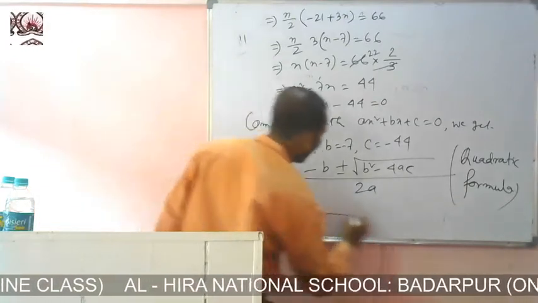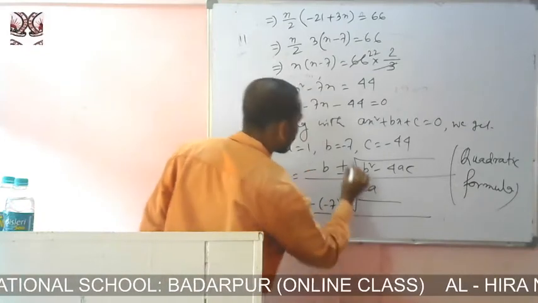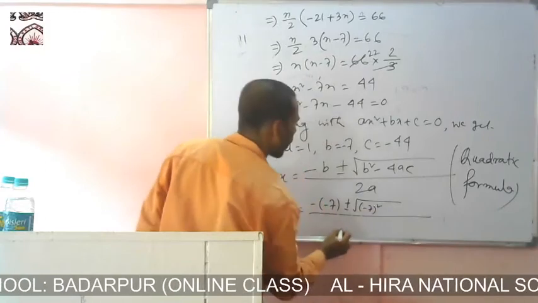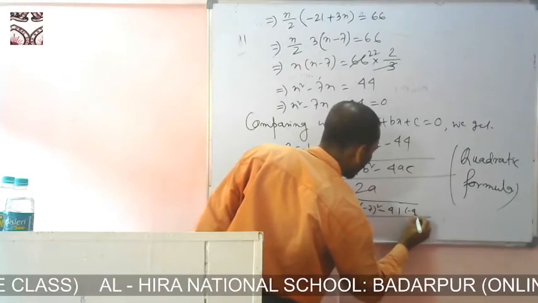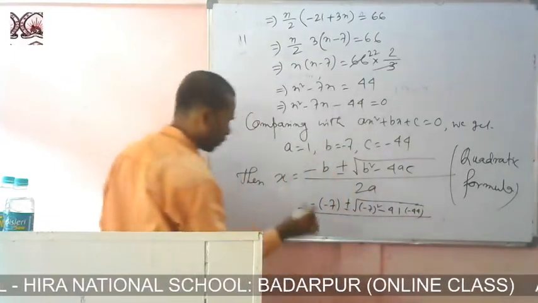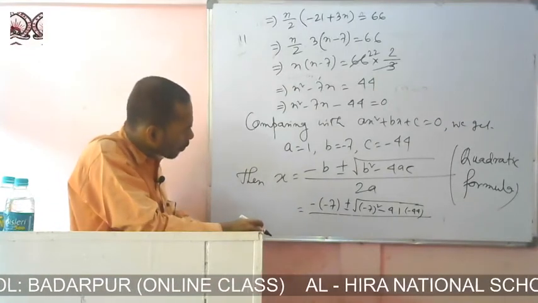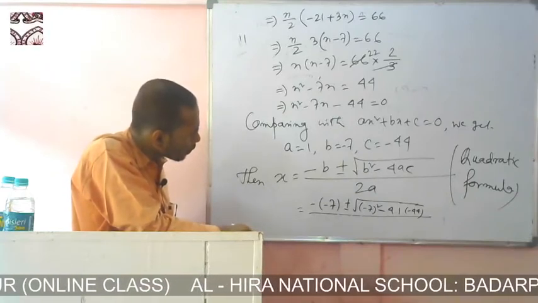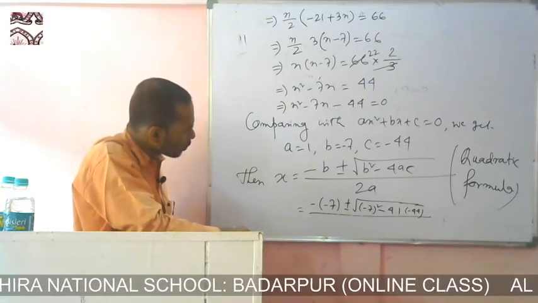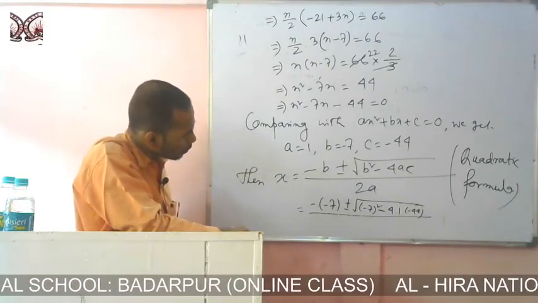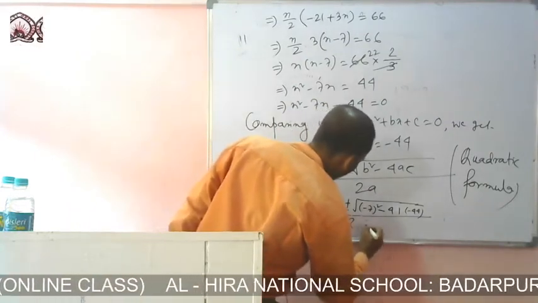Then putting the value, minus b means minus of minus 7 plus minus root over b square means minus 7 square, minus 4 into a is 1 and c is minus 44, then by 2 into a is 1.